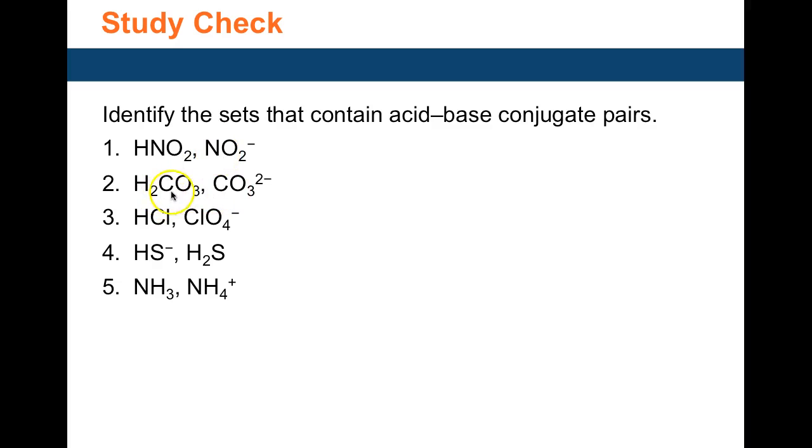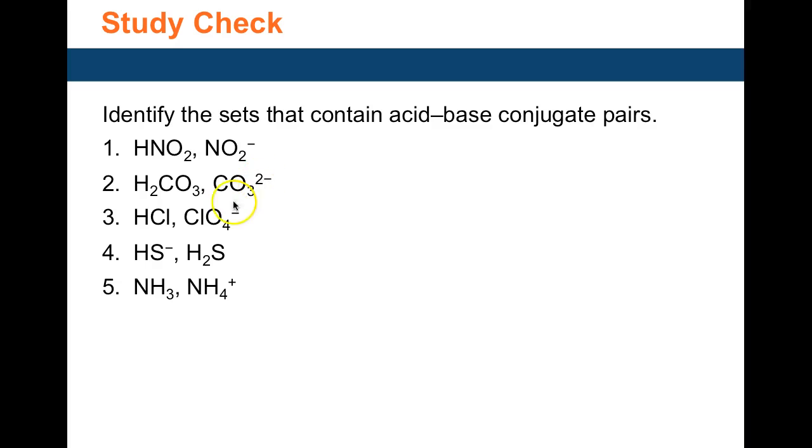Now these two, even though they seem related, it's incorrect, because if this is the acid, its conjugate base should have been HCO3 minus. Only one H plus should have come off, leaving the other H behind, and then the whole thing would have one negative charge, so HCO3 minus.